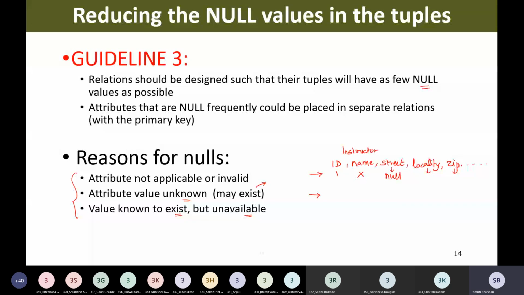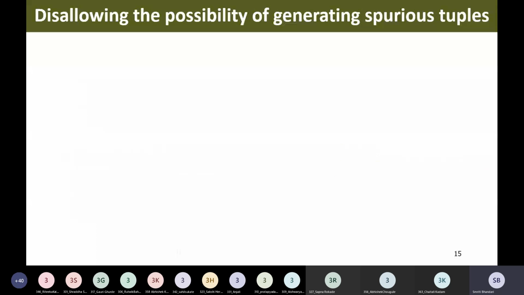Fine. Next, the fourth informal guideline is disallowing the possibility of generating the spurious tuples. So, what we mean by that?